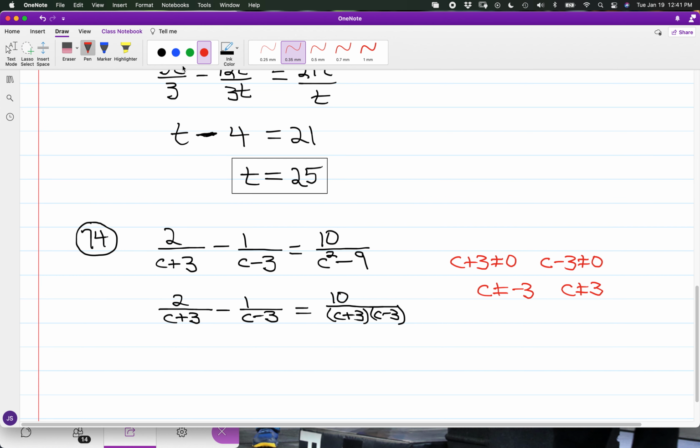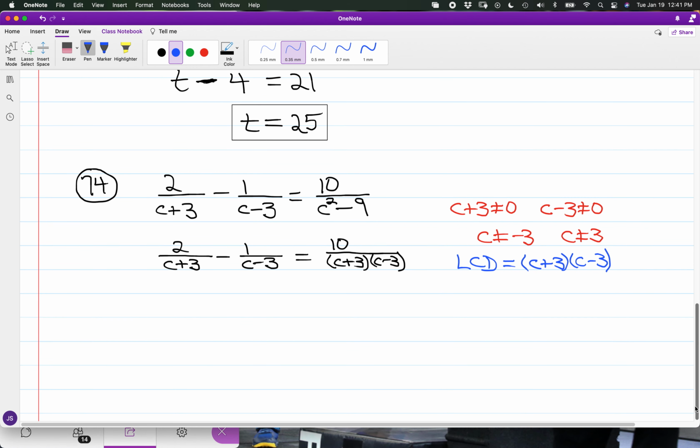And for the least common denominator, again, I'm dealing with an equation, so I want to clear the denominators out. So the least common denominator is the quantity c plus 3 times the quantity c minus 3, and I distribute it throughout the equation.